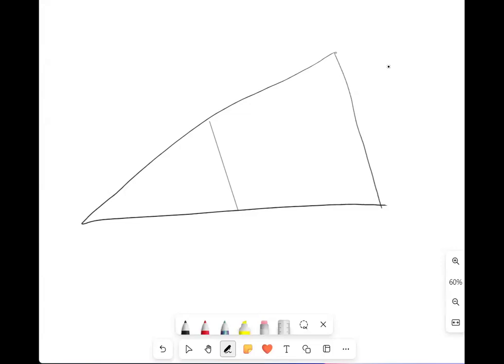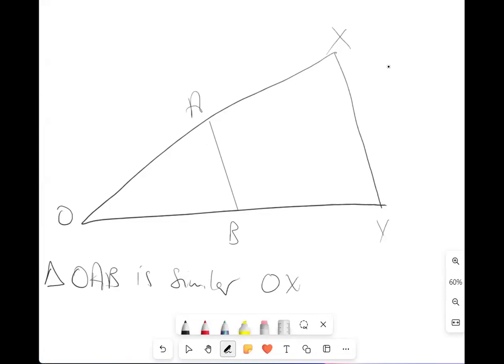Then what you refer to, you say that, okay, let's say here is OXY, and maybe this is OAB. Then triangle OAB is similar to the triangle OXY.